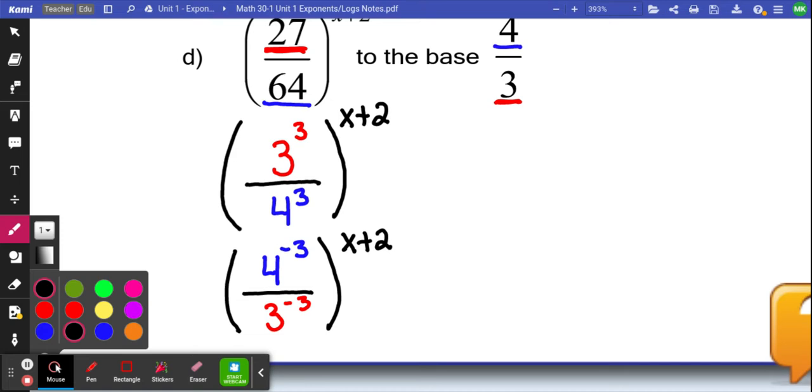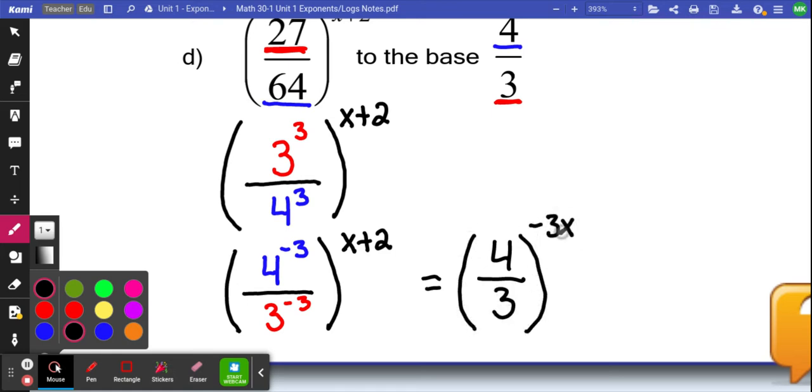Last thing I'm going to do here, I have a power of a power. Right? I'm going to actually just go outside. So these are both negative 3. So that means I could rewrite this by multiplying negative 3 out of the brackets, it'd be negative 3x minus 6. And that's if I took this and multiplied it.